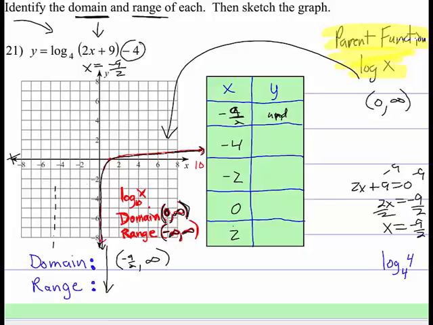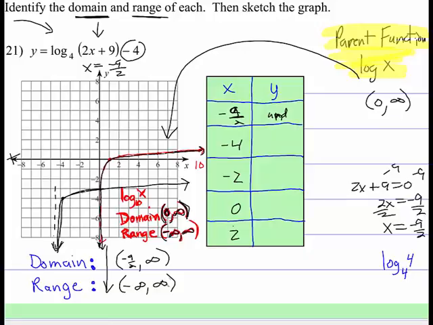It has been shifted down, so instead of it touching right here, 1, 2, 3, 4, somewhere in here is going to be the graph. But notice, it still is going infinitely down to the left, and to the right, it's going really slowly, but it's still going infinitely up.